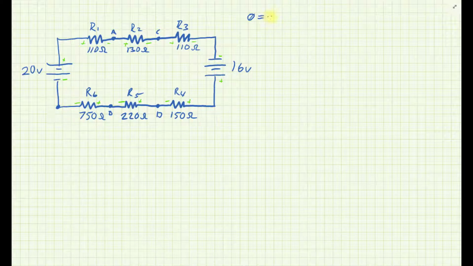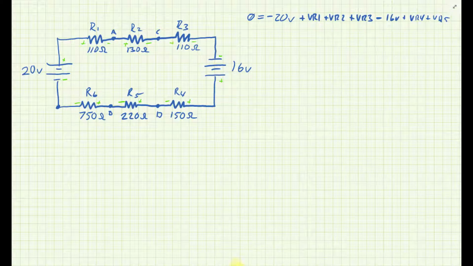So I know I see a negative 20 volts, known voltage and polarity, and I see VR1 plus VR2 plus VR3 minus 16 volts plus VR4 plus VR5.